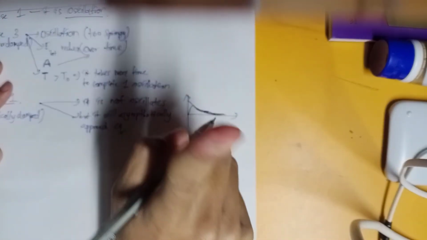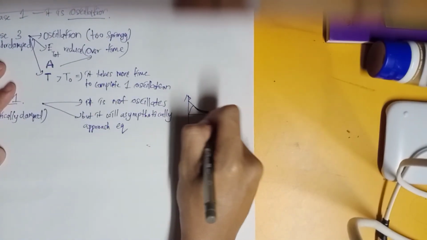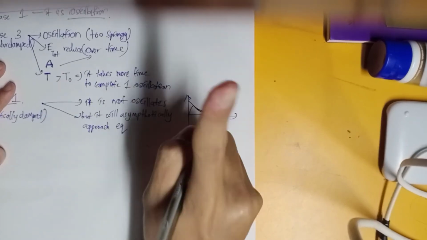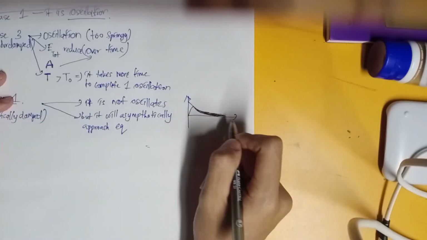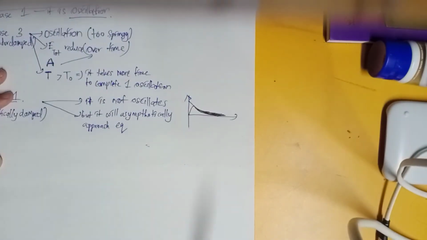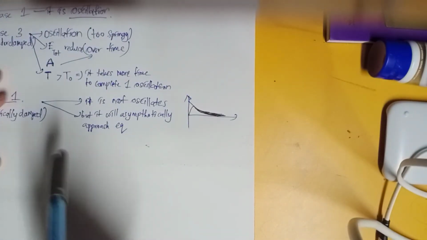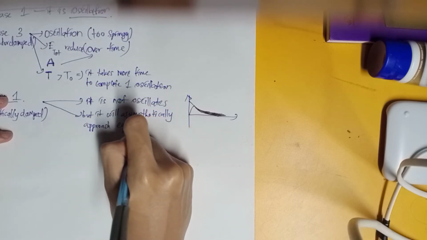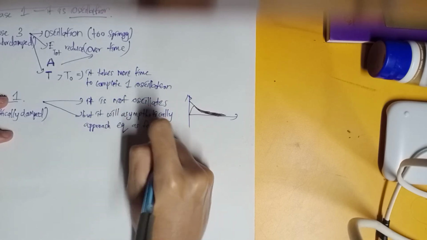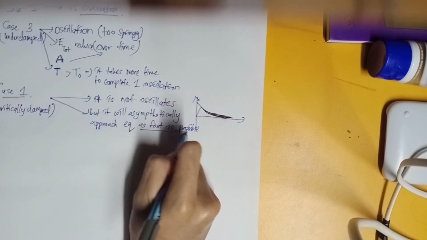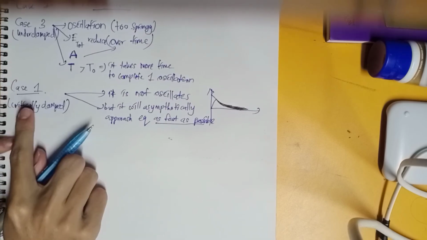It will not equal 0 at any particular time, but it will just approach 0. That's what it means. And at the same time, it approaches equilibrium as fast as possible. So that is case 1.